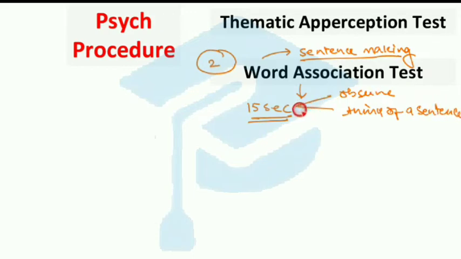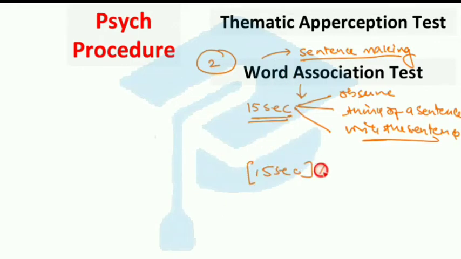And then you have to write the sentence also. Clear? Everything should be done within 15 seconds. Clear? Now, this process is followed for 60 different words.